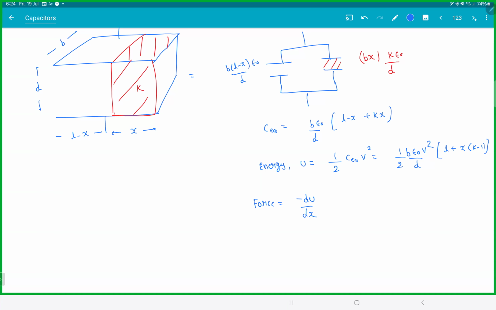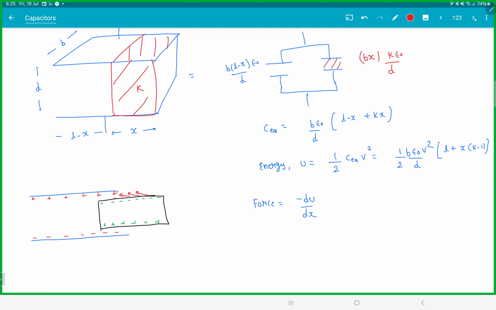The reason why we are getting force is because of this. The slab which is introduced here, if you remember, these charges are non-uniform. Unless this thing goes completely inside, you can't tell anything about it. If you look at the field lines here, the fringe fields outside are like this. So there's a force of attraction between them.